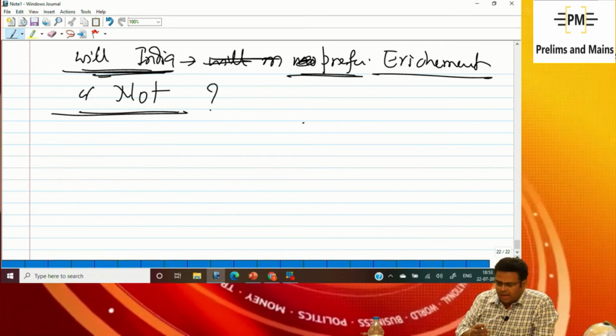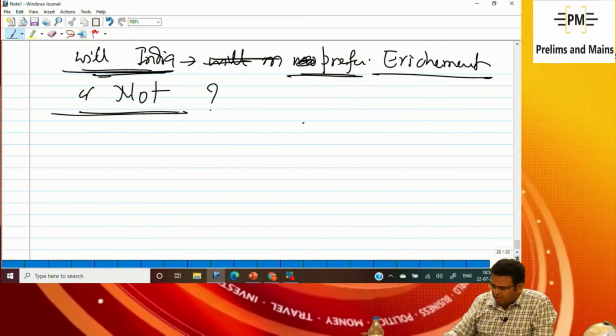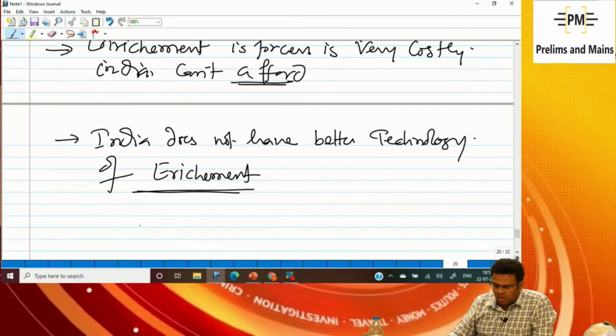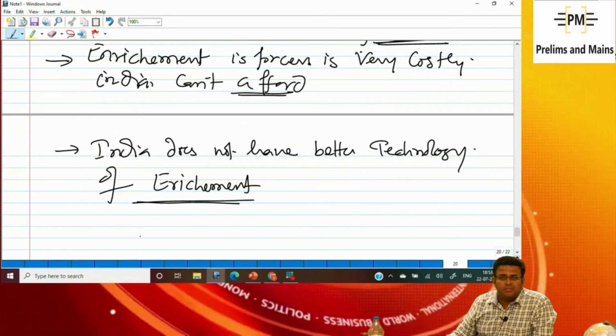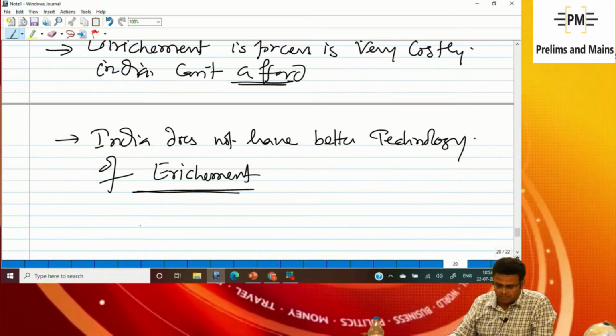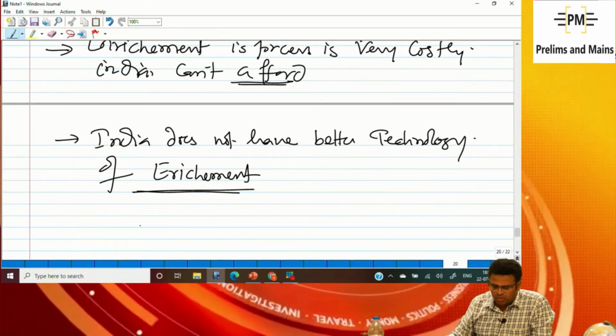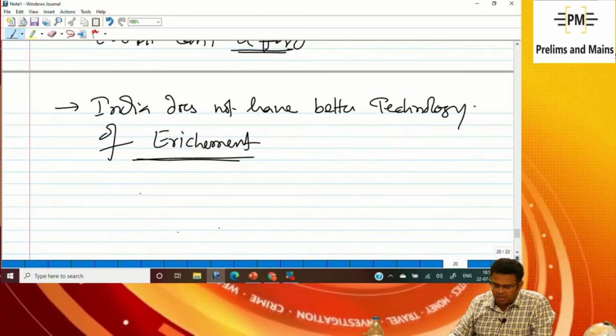We understand that India will not prefer enrichment. First, we are not good in technology, and the second point, it is costly. Will India prefer enrichment?